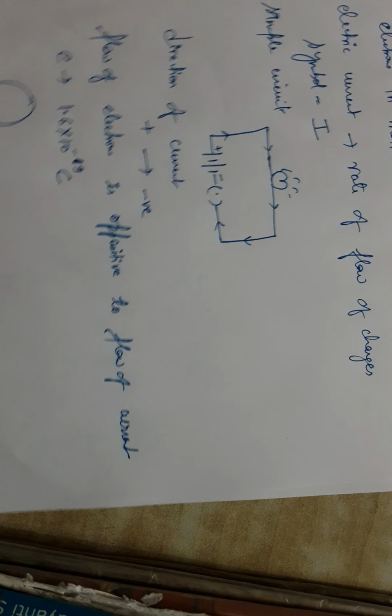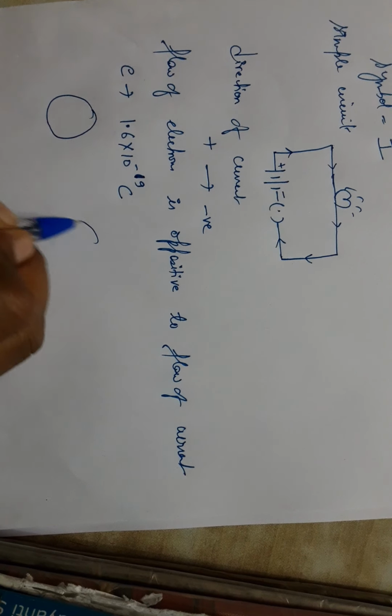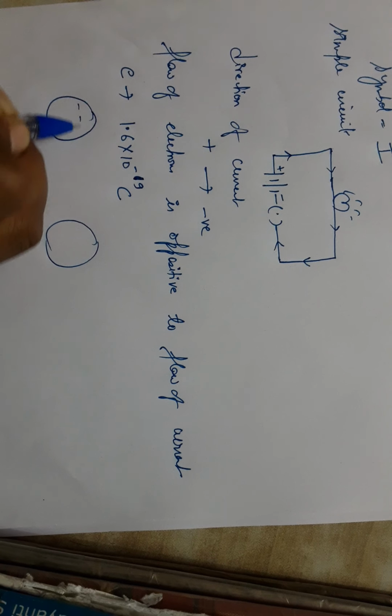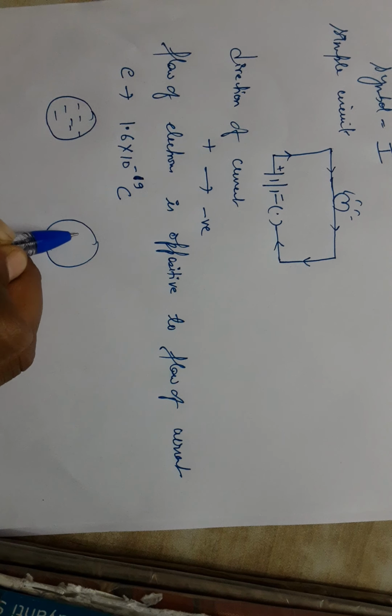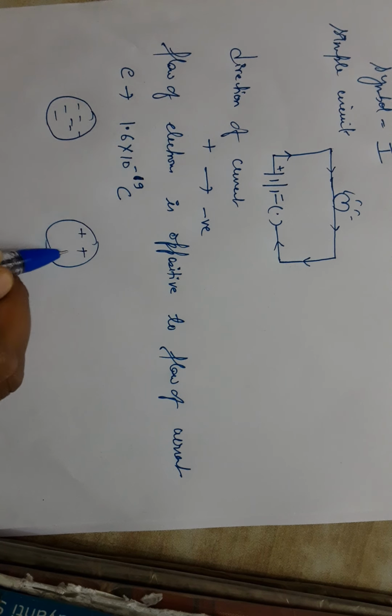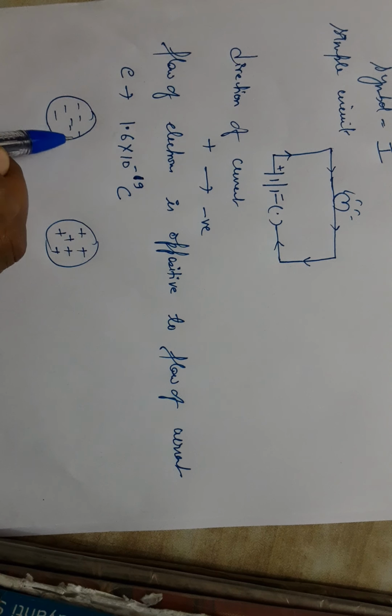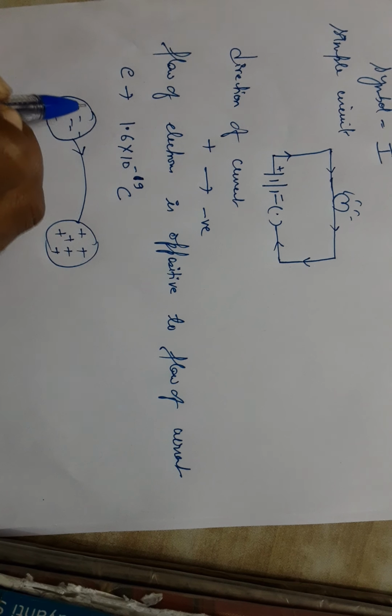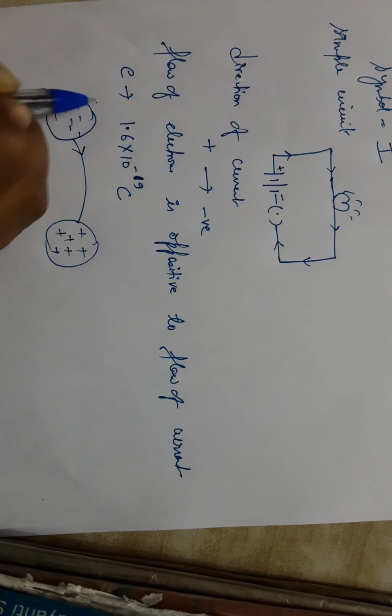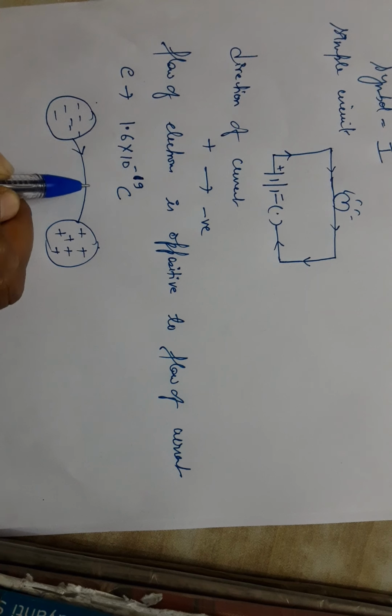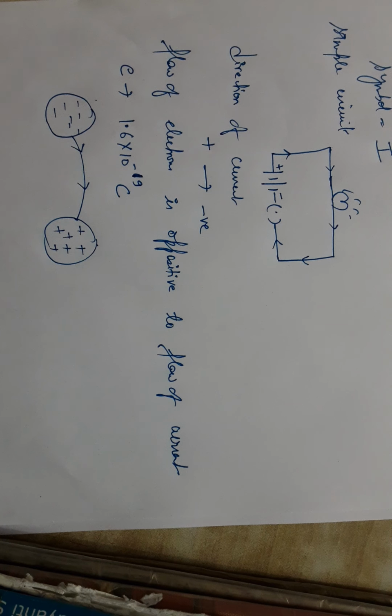Consider two bodies, one of which has excess of electrons and the other one has deficit of electrons. If we connect these two bodies with a wire, electrons will flow from the negatively charged body to the positively charged body. Then we'll say that there is flow of electric current between body A and body B.